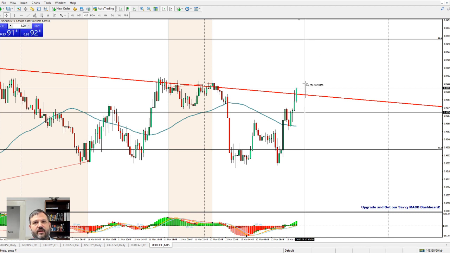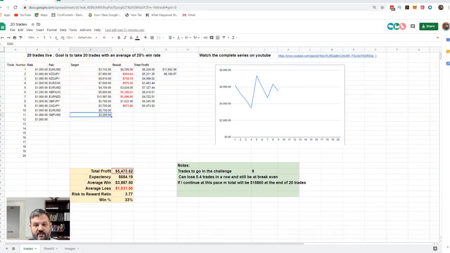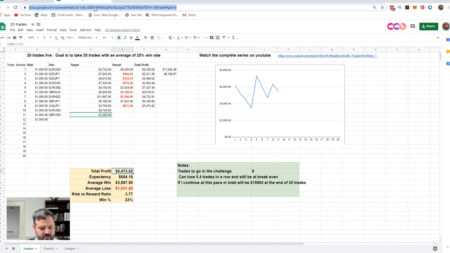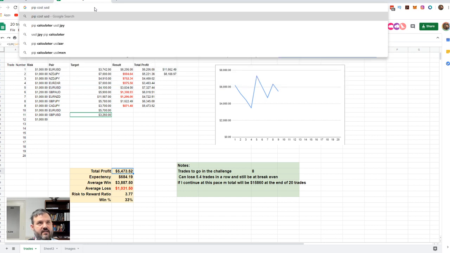We'll just try like a 25 pip stop, just to give it a go. So let's run our calculator so that we know what the pip cost is. Pip cost for USD Swiss.